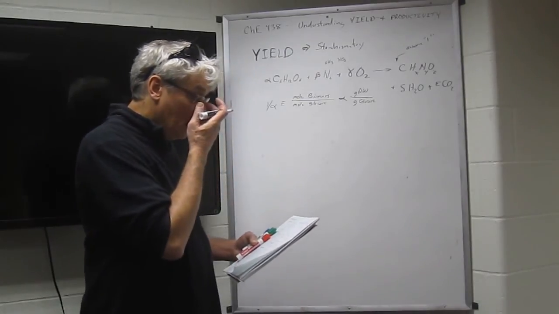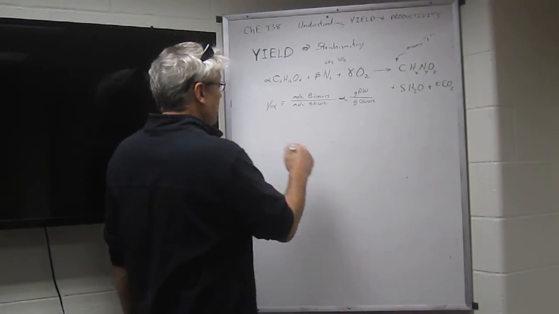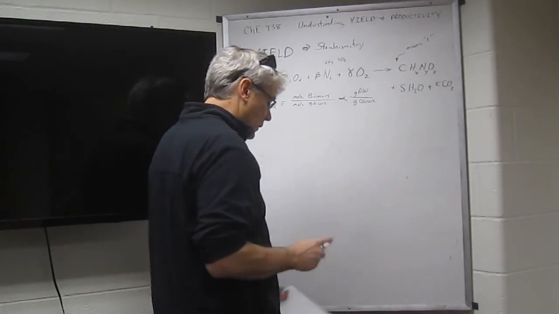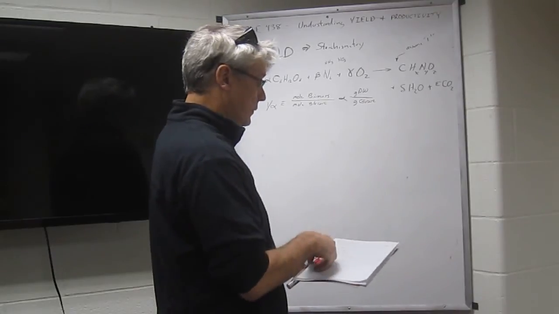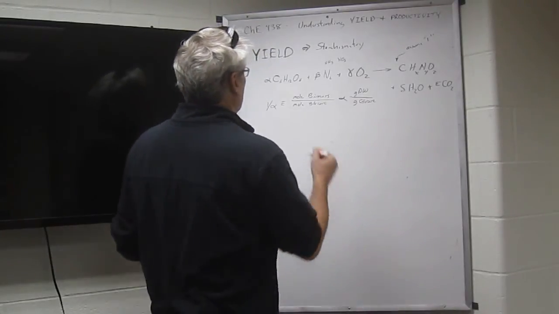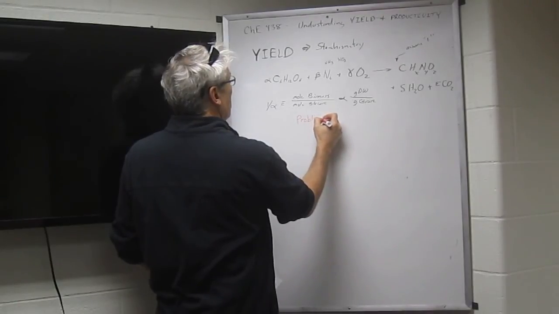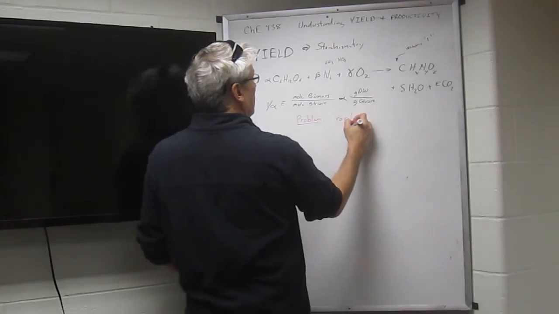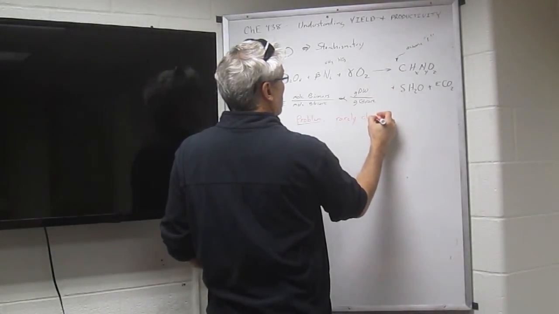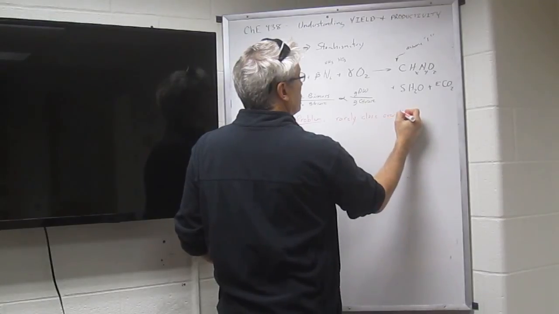So there are a lot of other things that you can do, but the problem with this is that you can rarely close the mass balance entirely, close the overall stoichiometry.